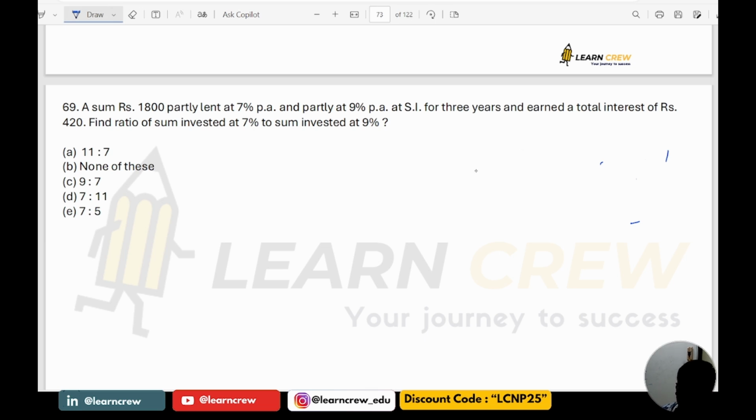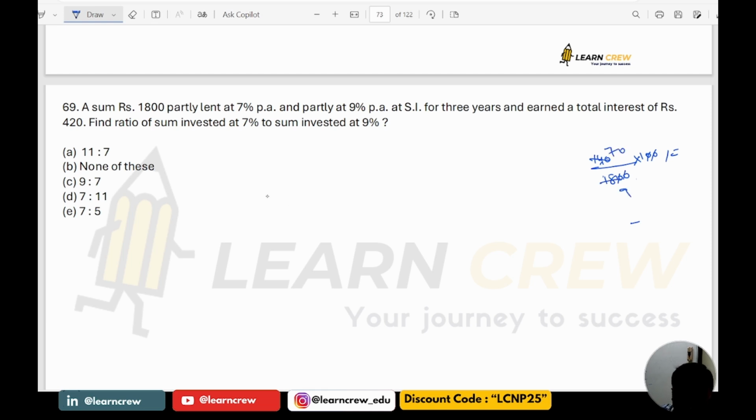For 3 years 420 means for 1 year 140. So 140 is what percentage of 1800? If you see here, it is 140 by 18, which is 70 by 9.